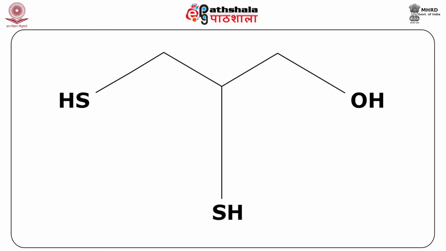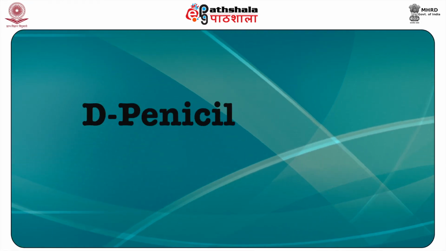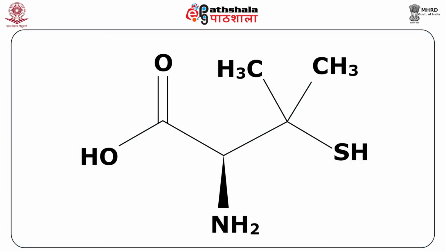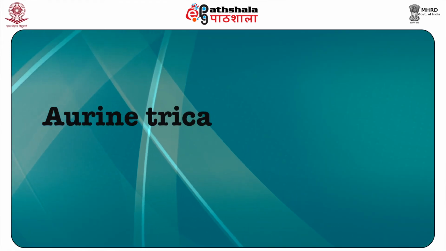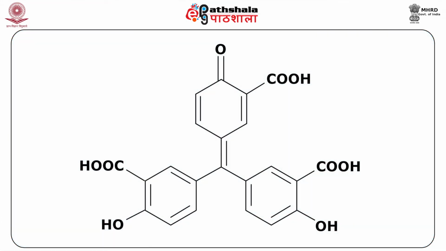It is also used for treatment of poisoning caused by mercury, arsenic, gold, etc. D-penicillamine. It is used for urinary excretion of copper in Wilson's disease. Nitrilotricarboxylic acid. It is effective in the treatment of beryllium poisoning.